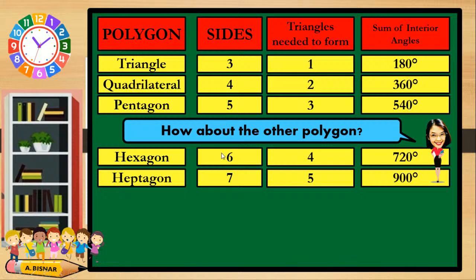So, ano yung napapansin? Paano nakukuha yung triangles needed, if you will relate it to the number of sides? Ano yung napansin? From 3, naging 1. 4, naging 2. 5, naging 3. 6, naging 4.